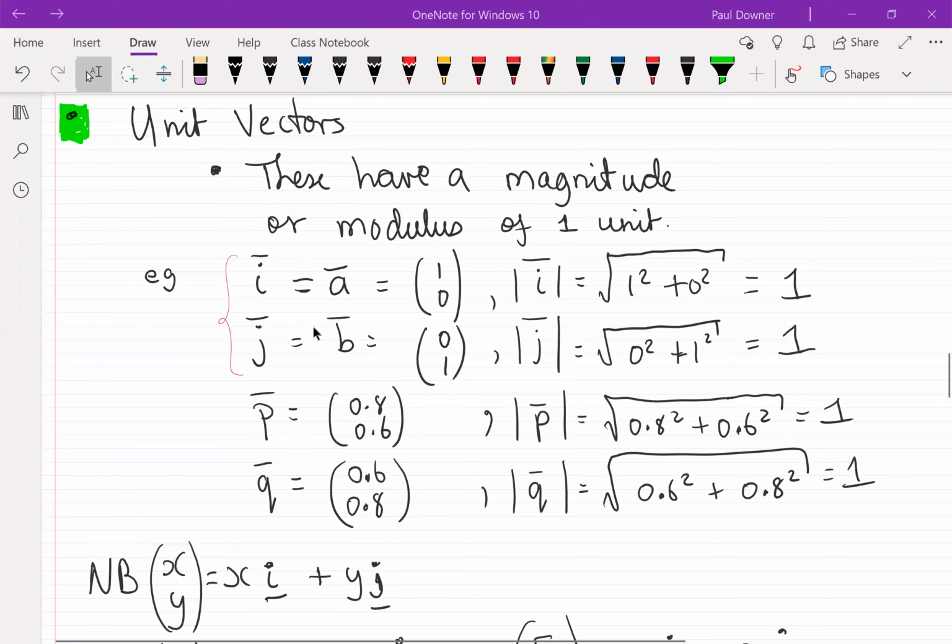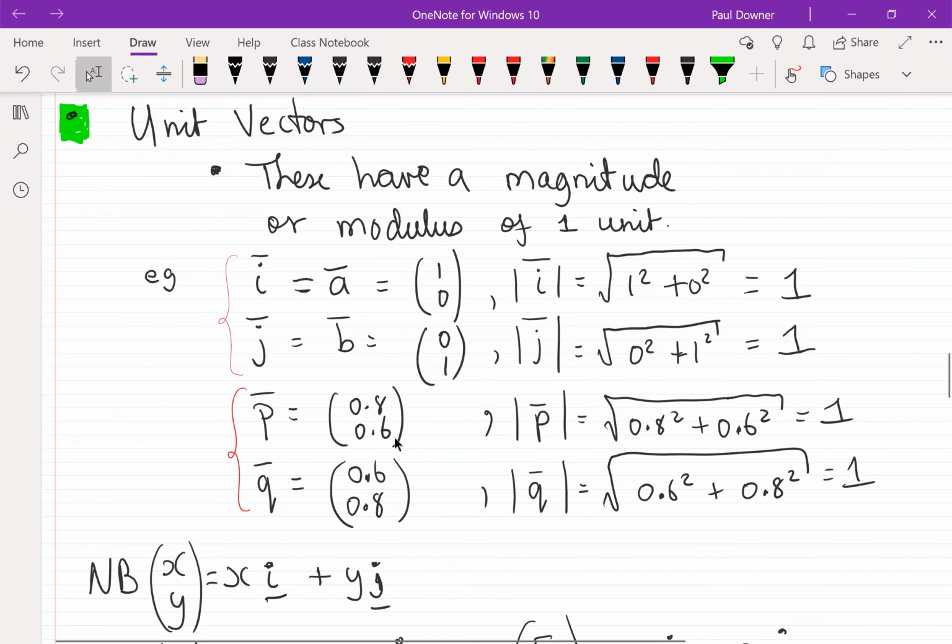But there are two others, maybe secret ones, that a lot of people don't know about, which you should be aware of. We call them P and Q. The components of P are 0.8 in the X and 0.6 in the Y. For Q, it's the reverse, 0.6 in the X and 0.8 in the Y. What makes them unit vectors is when you find the modulus, meaning the size or the length of the vector.